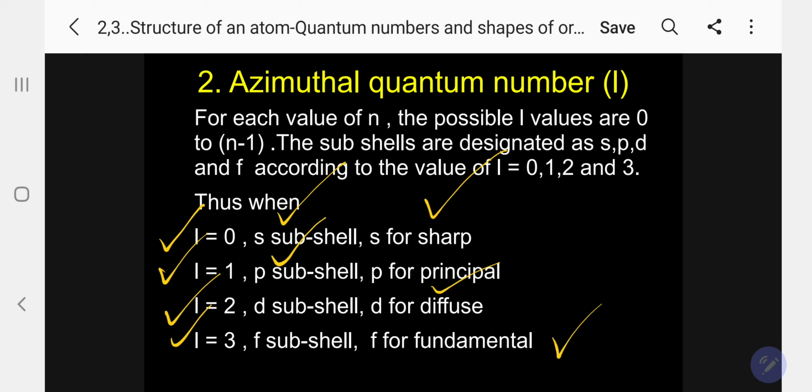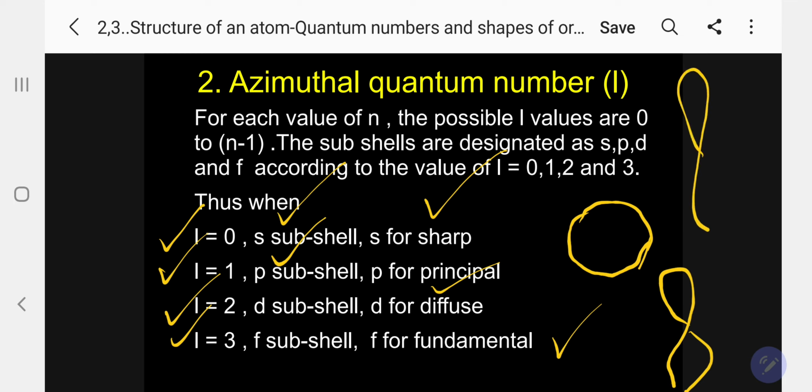So, from these L values, we can define the shape. 0 means spherical, S value, spherical. Then L equal to 1 means dumbbell, the shape will be dumbbell. And L equal to 2, D subshell, a double dumbbell.